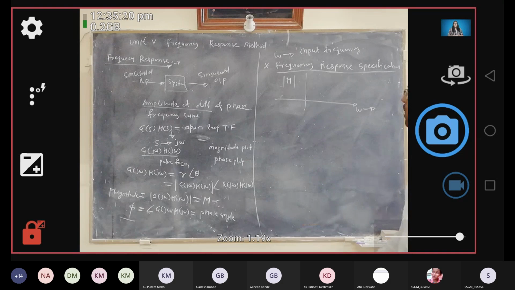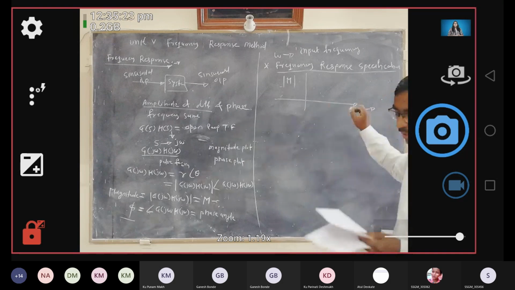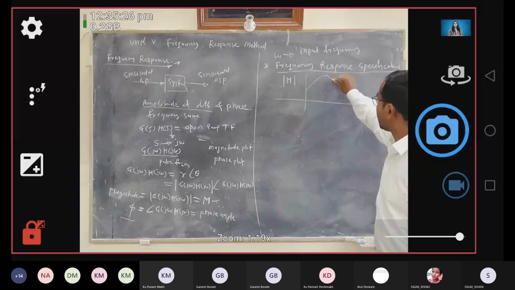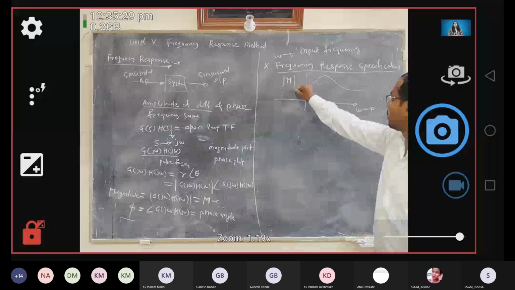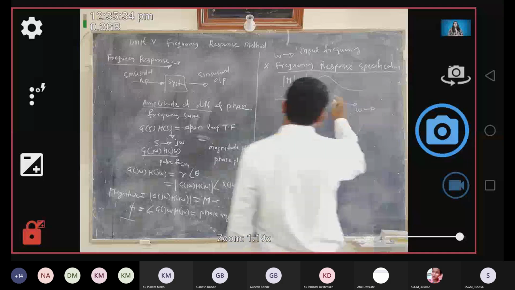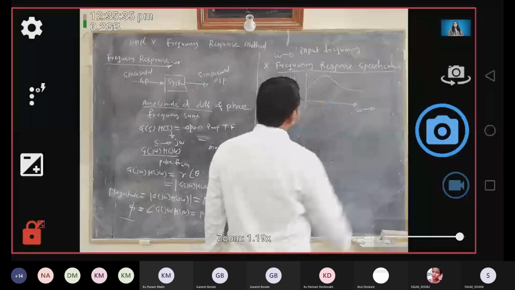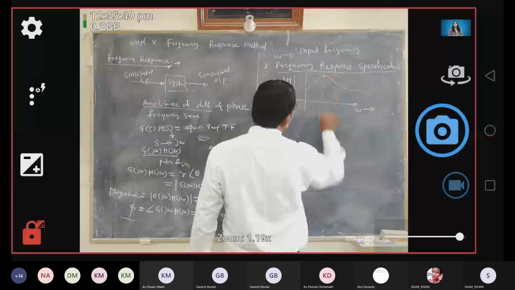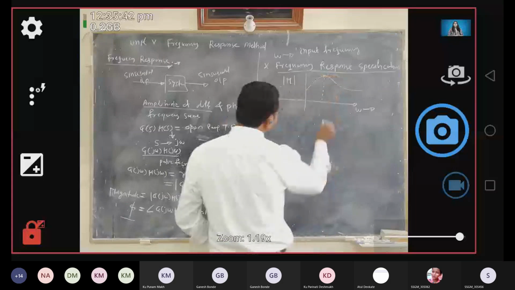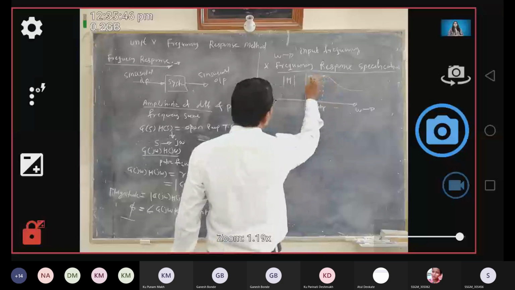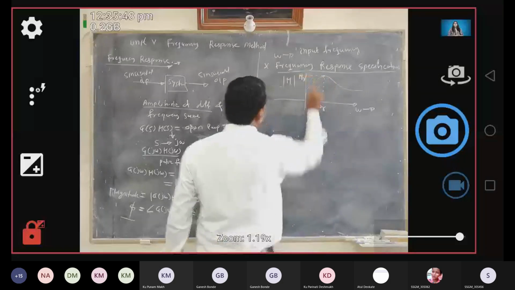Let's say this is the nature of the M versus omega plot. How do we represent the frequency response specifications on it? This is the first peak, and corresponding to the first peak we get the frequency omega r, and its magnitude is given by Mr.